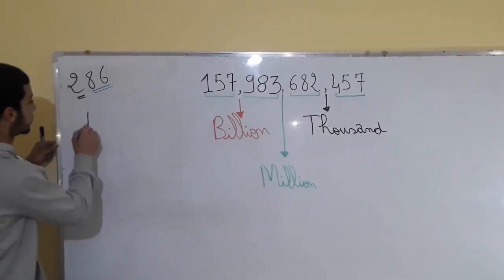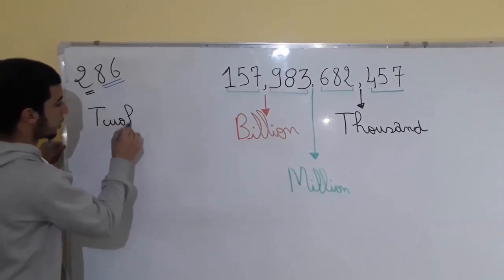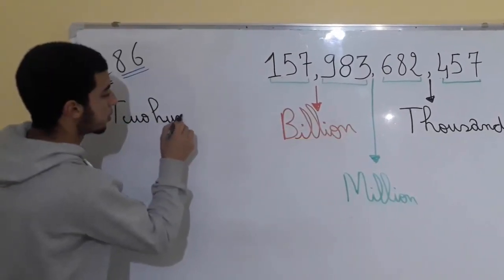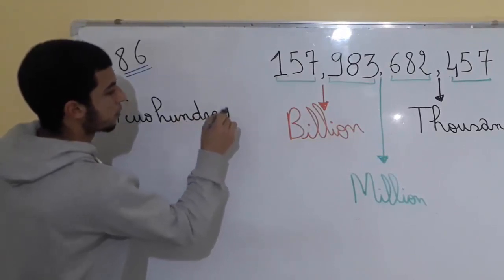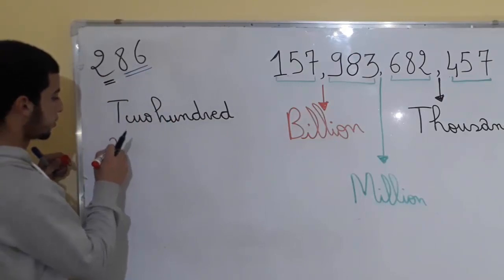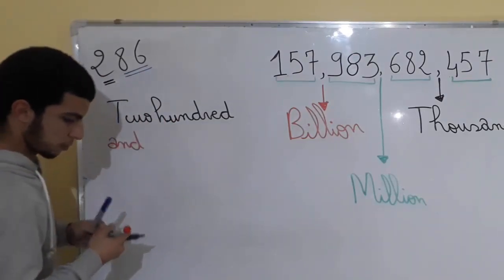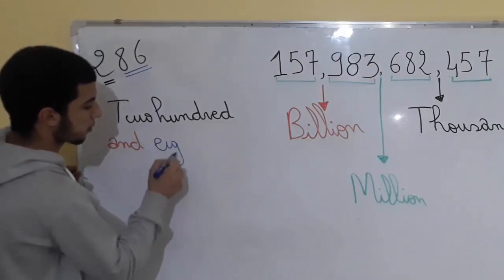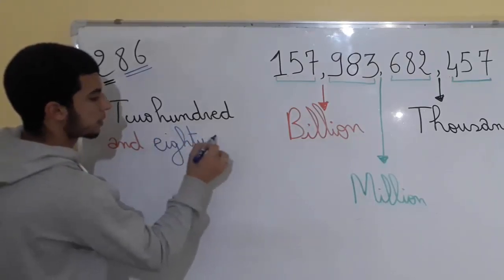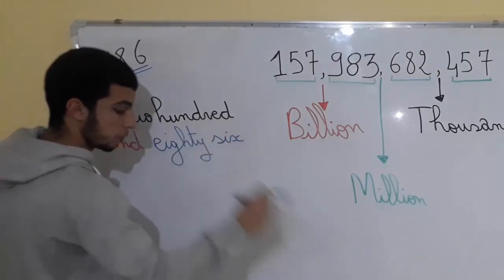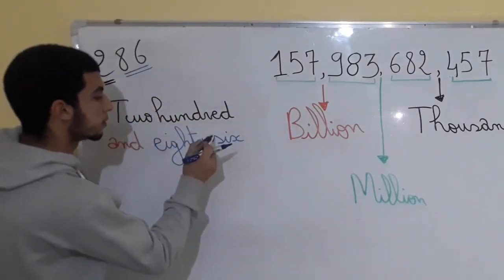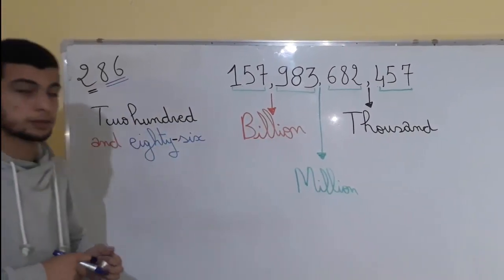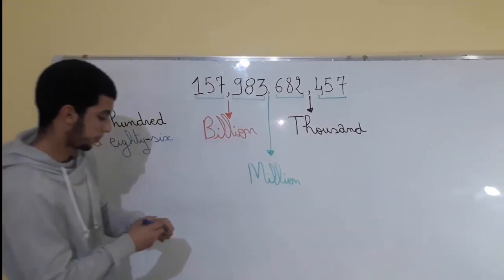So we write it like this: 200, and 86. And pay attention, do not forget the hyphen. It's really important. So it's 286.